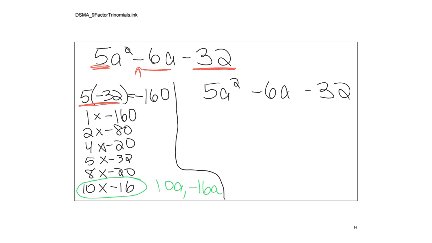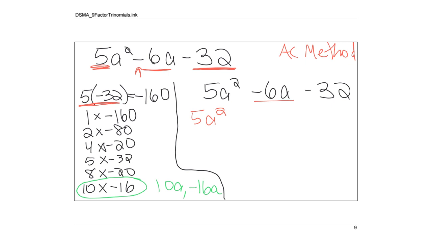Now I'm going to rewrite, because this is the AC method. I'm going to rewrite my problem. So I have 5a squared. Now, instead of negative 6a, I can either write 10a minus 16a, or I can write negative 16a plus 10a. It absolutely does not matter.